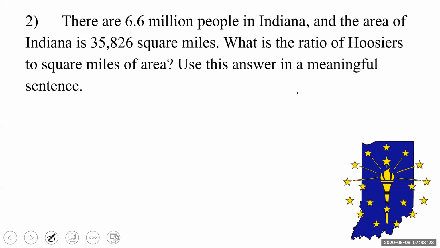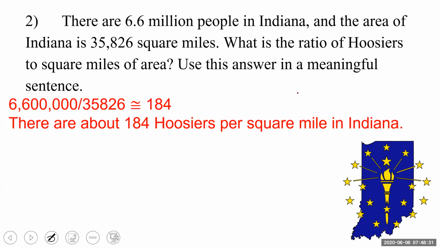So what is the ratio of Hoosiers to square miles? So Hoosiers, that's the population, to square miles. And that is approximately. So this symbol you see right here means approximate. This is an approximate symbol. So there are about 184 Hoosiers per square mile in Indiana.